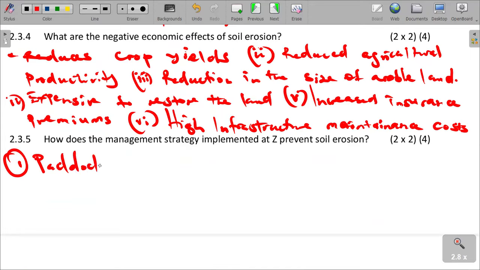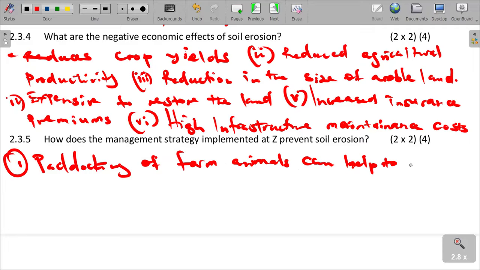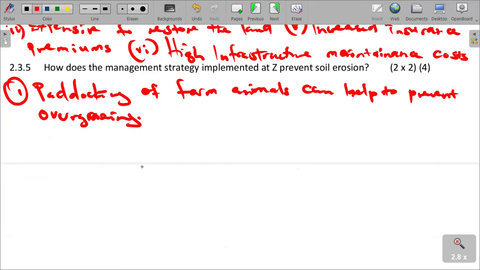So what we are saying is paddocking of farm animals can help to protect the vegetation, can help to prevent overgrazing. So we are talking about the advantages of avoidance of overgrazing here.